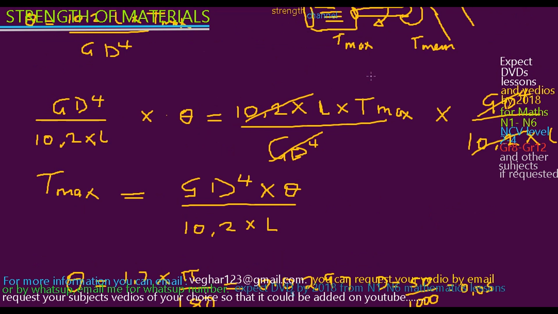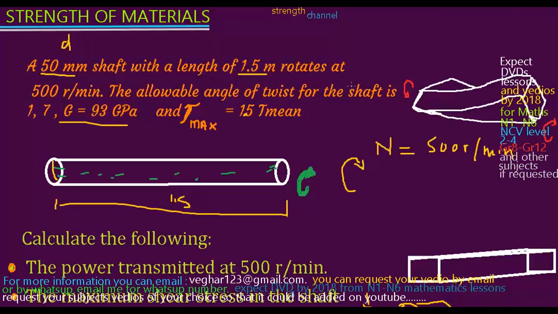So we are looking for the mean. We are told that it has a relation with the maximum, but it's 1,5. This one is the maximum, okay, and this is the mean. And this is the max.